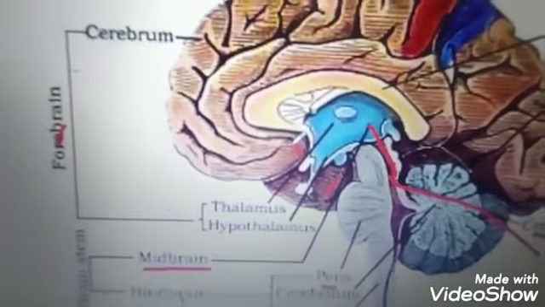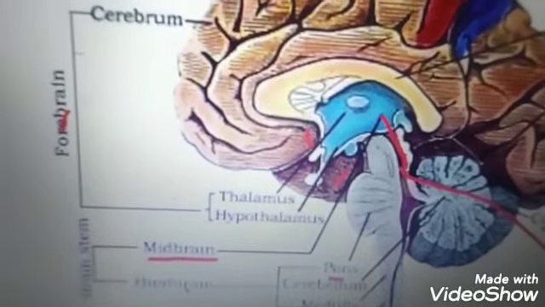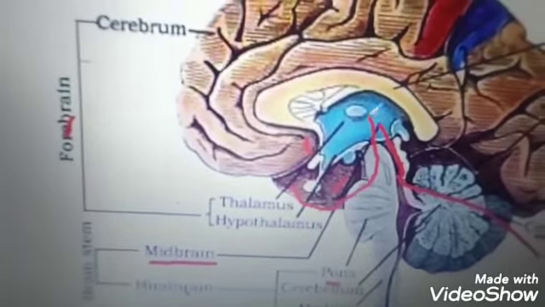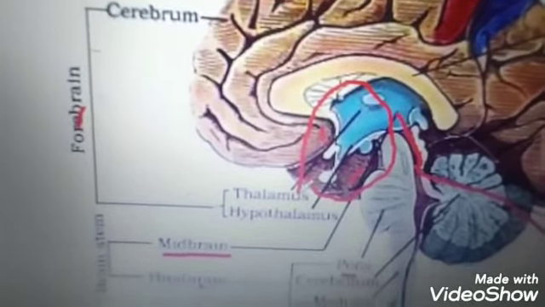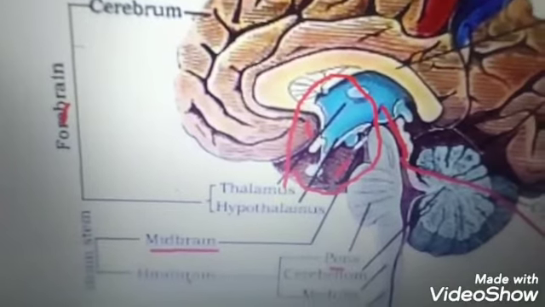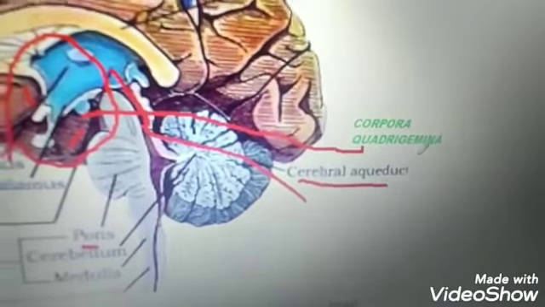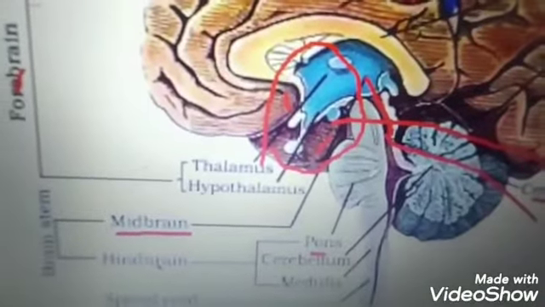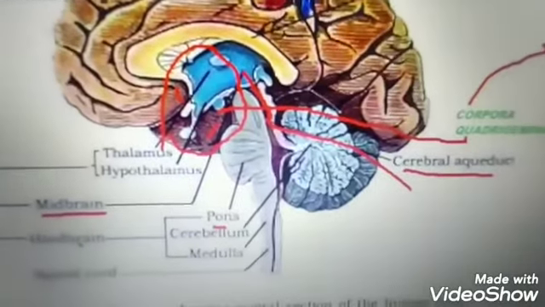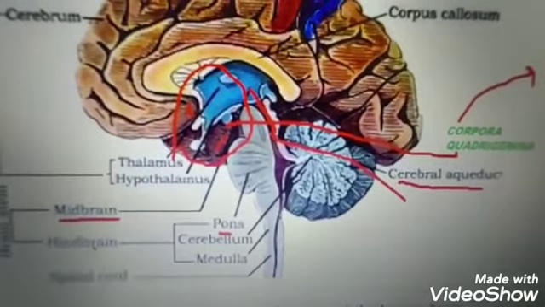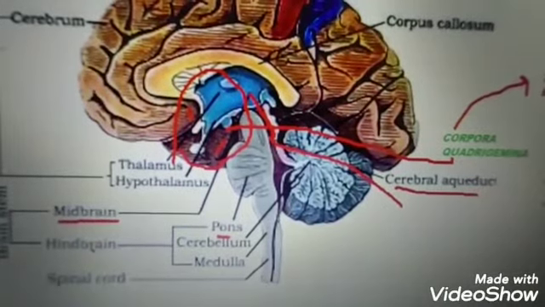The dorsal portion of the midbrain consists of four round swellings, also called lobes. These four lobes or swellings are called Corpora Quadrigemina. Now let's study the four lobes of the midbrain.